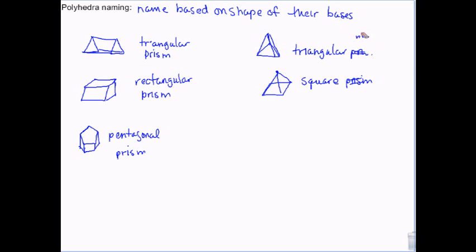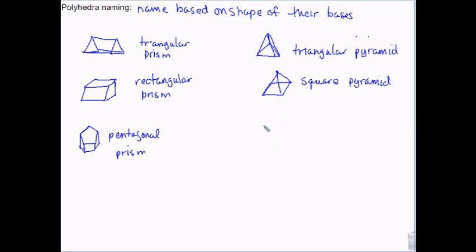I can't spell. Pyramid. My ancestors would be so mad at me. Okay, so rectangular pyramids, square pyramids, triangular pyramids, basically whatever the shape of the bottom of the pyramid is, that's the name.